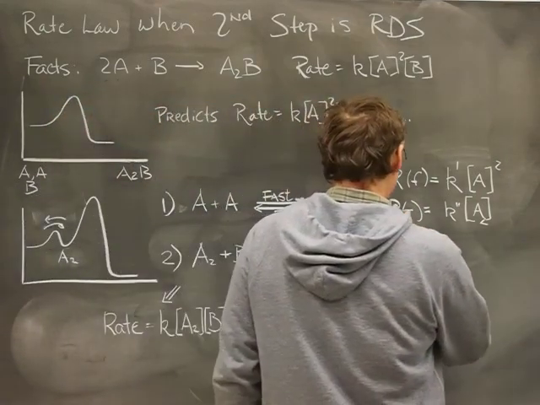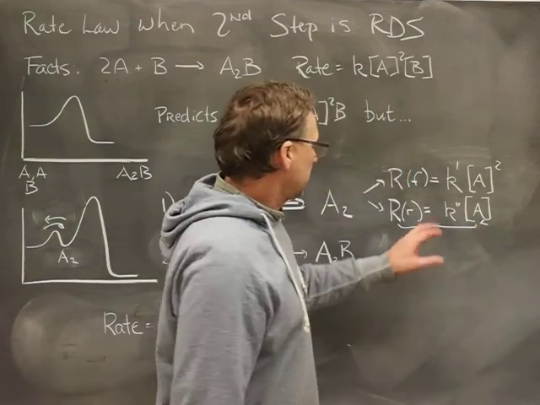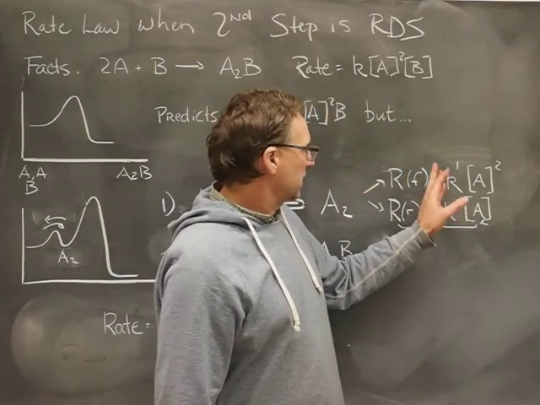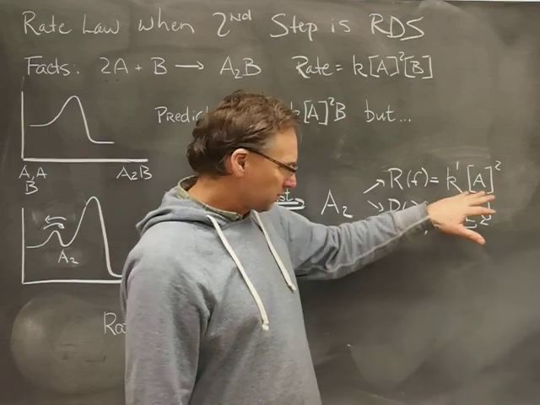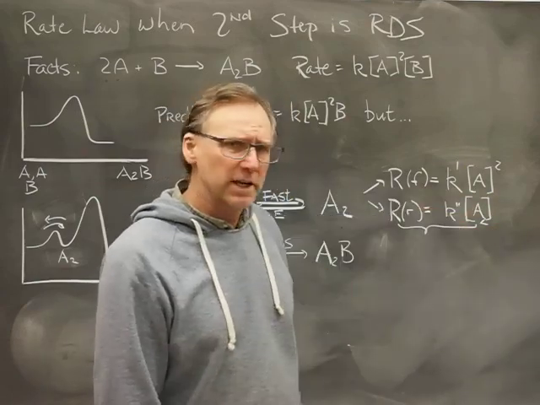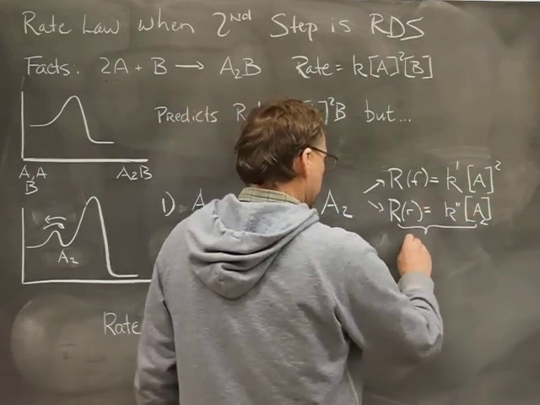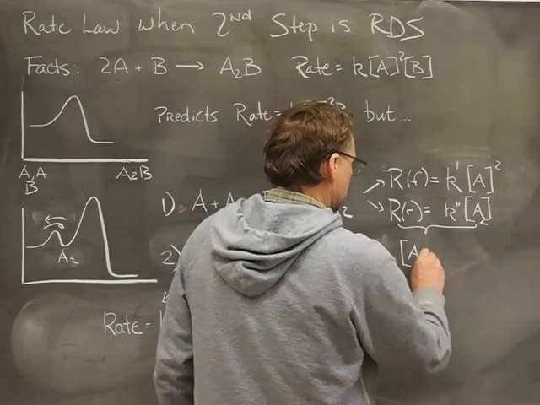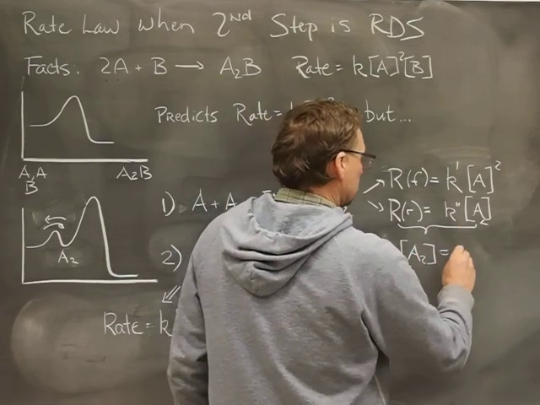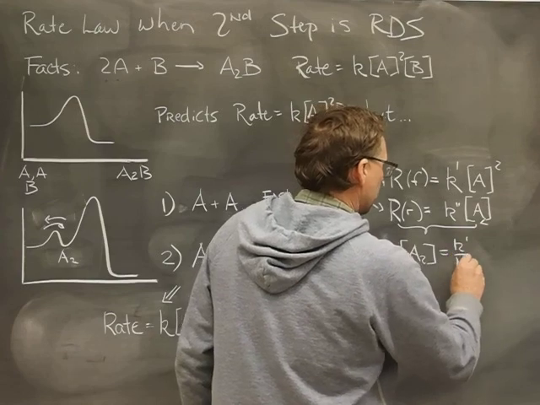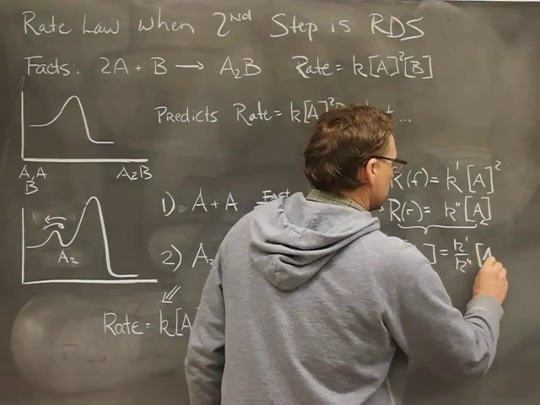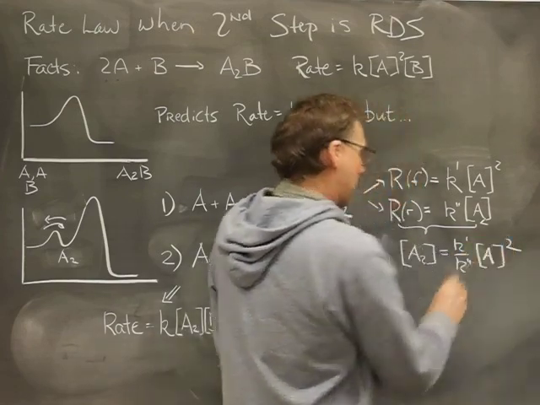Okay, well, here's what I think we should do. I see that k double prime times A2 is equal to k prime times A squared, so I'll equate those and divide both sides by k double prime, and that means that the concentration of A2 must be equal to k prime over k double prime times the concentration of A squared.